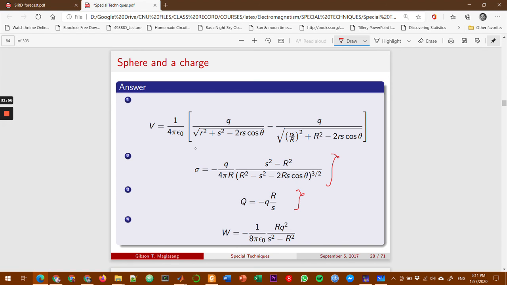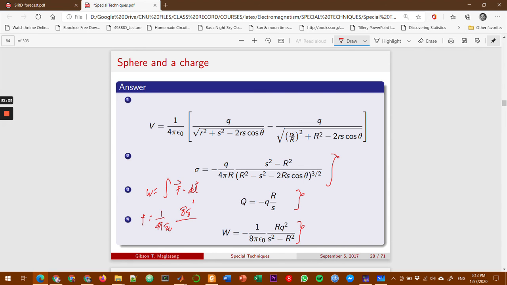And then this one is the energy. You should be able to get this by using the formula F dot dl, where F is the force of attraction between the image and the real charge, which is given by this Q prime, right?